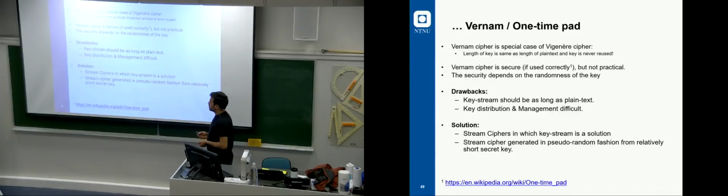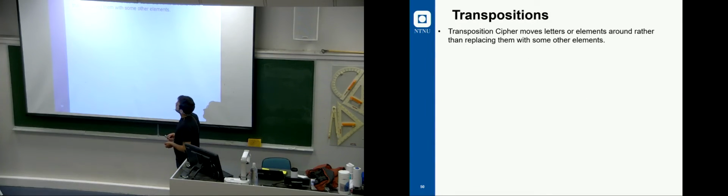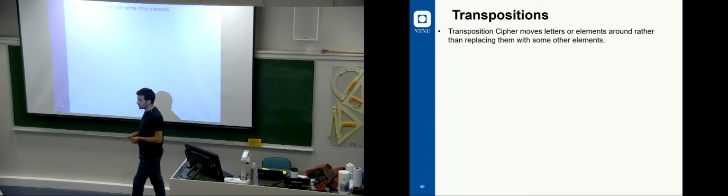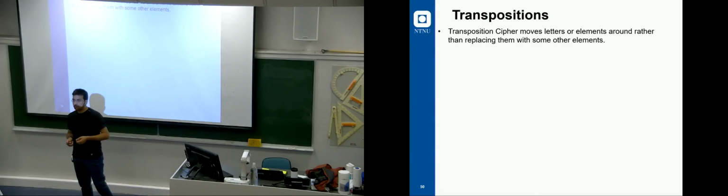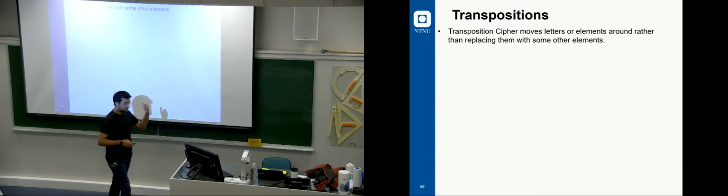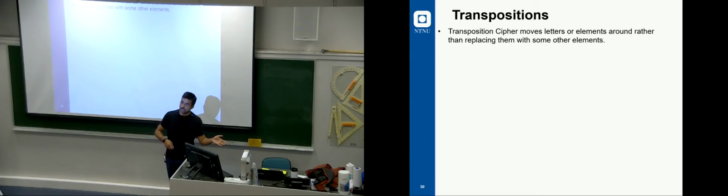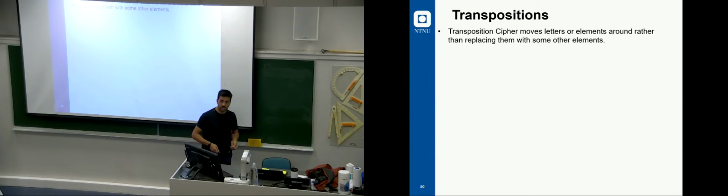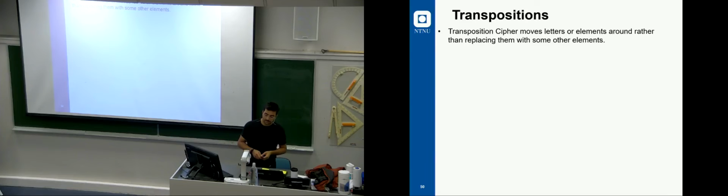There are a few more things, that is transpositions. These are transposition ciphers, where if we have drawbacks in one, we try to come up with coverage in others. In the case of transposition ciphers, letters or elements are moved rather than replaced.